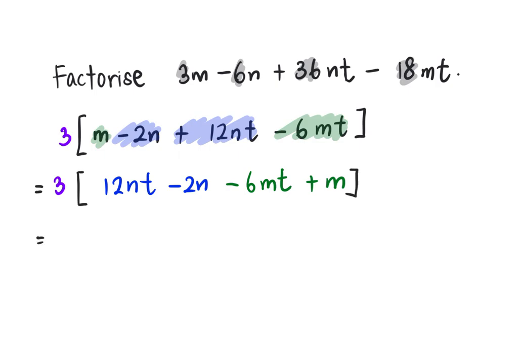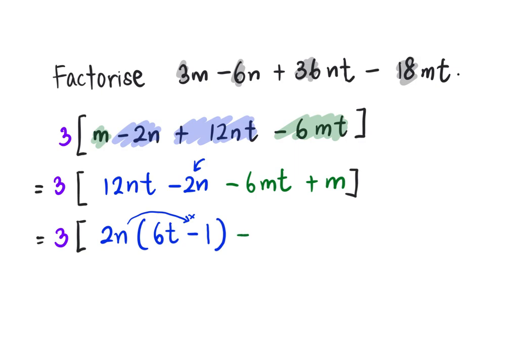And at this point, do take note that the 3 is always outside. I can then take out my common factor, 2n. I have 6t minus, what's the missing number? 1. Because if I were to expand out, I must be able to get back my negative 2n.